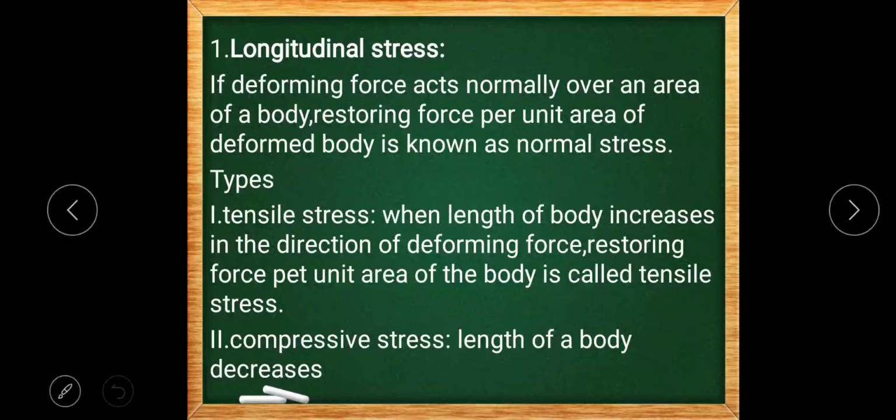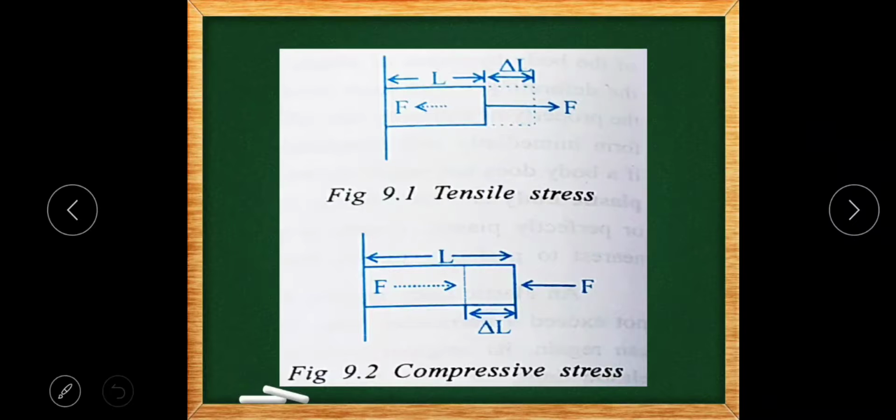It means that when the force is applied to the body, elongation takes place. In such a case, the restoring force per unit area is called tensile stress. Elongation means an increase in length. Consider this diagram.